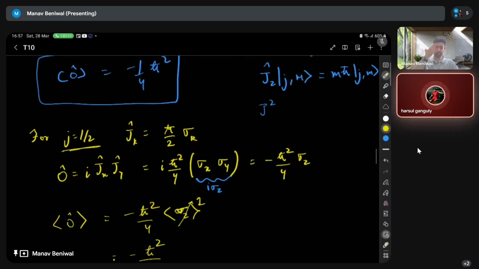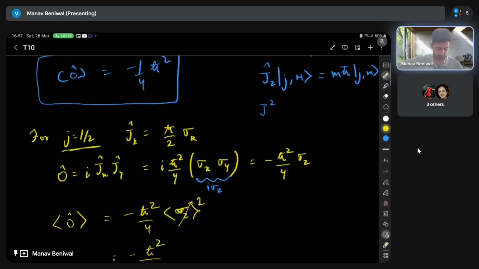Expectation value of sigma z equal to 1. Yes, this is 1. You can check, it's a very simple calculation. If you have any difficulty, then we will discuss in the next class.